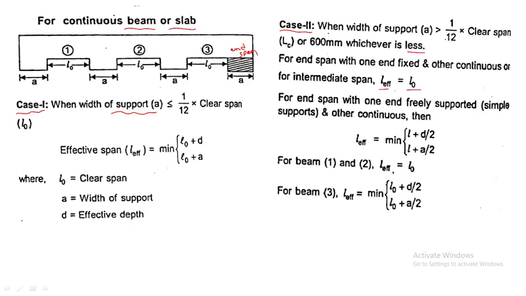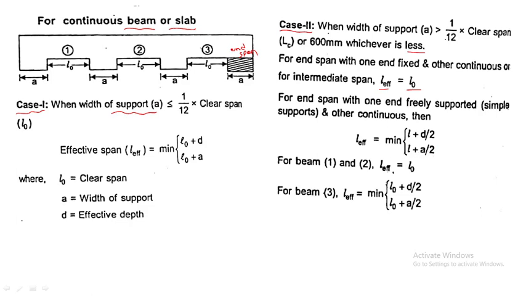For an end span with one end freely supported, simply supported, and the other continuous, then L0 plus D by 2 or L0 plus B by 2. We have to take the minimum value of this, effective depth by 2 or the support width by 2.